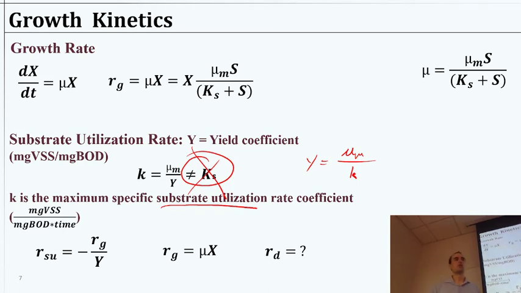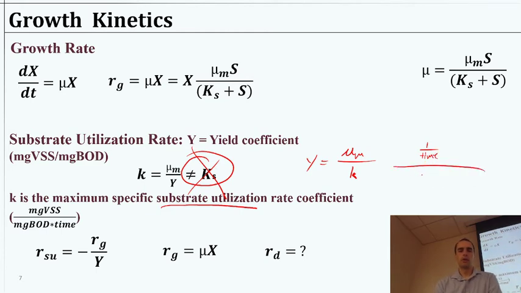And that holds true even if we're not actually at the max, but we're defining both of these constants as the max that can happen, so it's really not going to deviate from that. So k then is in units of milligrams VSS per milligrams BOD per time. So this will be 1 over time on the top.